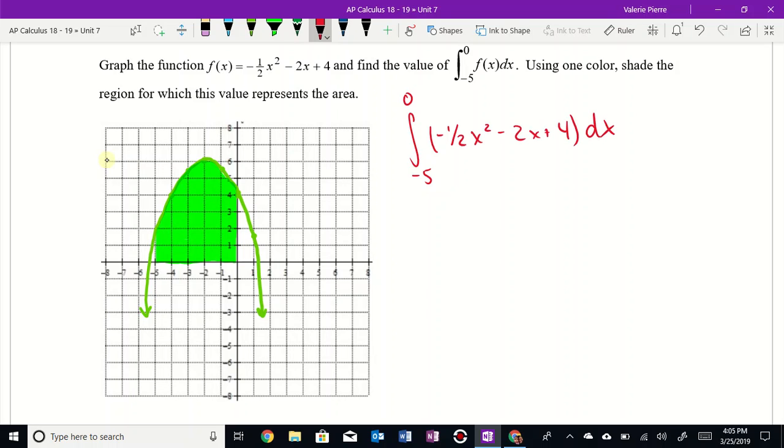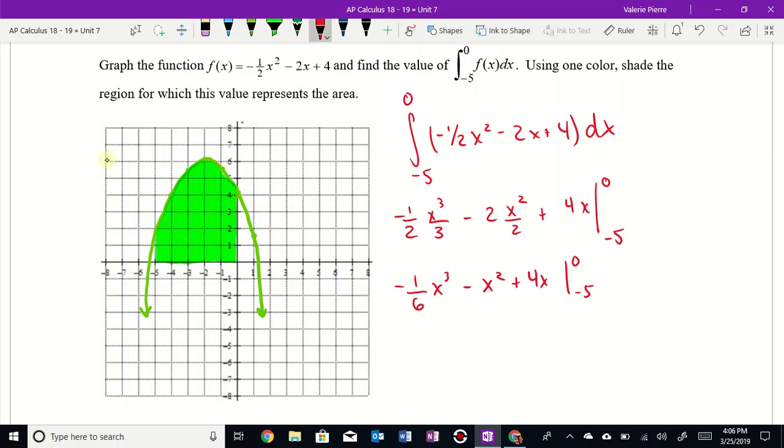Going through this process, we add 1 to the exponent and divide by our new exponent. So we have negative 1/2 x cubed over 3 minus 2x squared over 2 plus 4x, and put that from negative 5 to 0. So then we have negative 1 over 6 x cubed minus x squared plus 4x from negative 5 to 0.